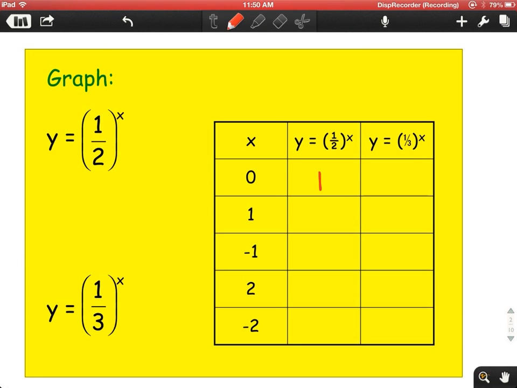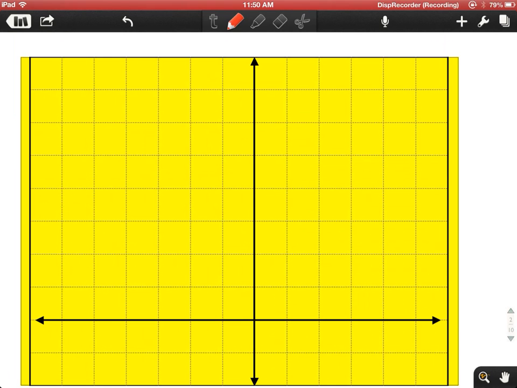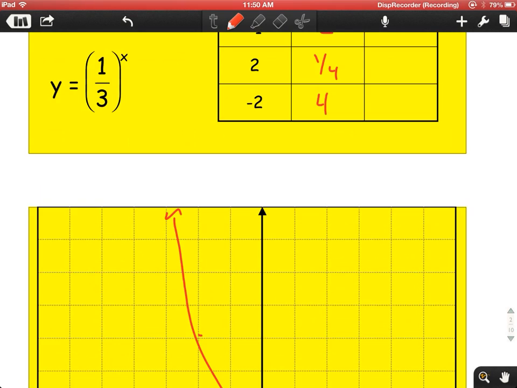Now let's contrast that with the idea of a fraction base. 1/2 to the x power. So what we're getting now when we plug in a negative exponent, we're just going to get a reciprocal. And so what does 1/2 to the x power look like? Looks something like this. And still we have this horizontal asymptote at y equals 0.